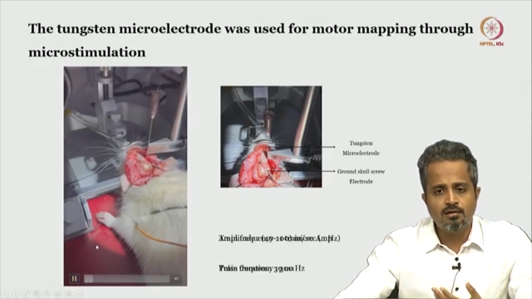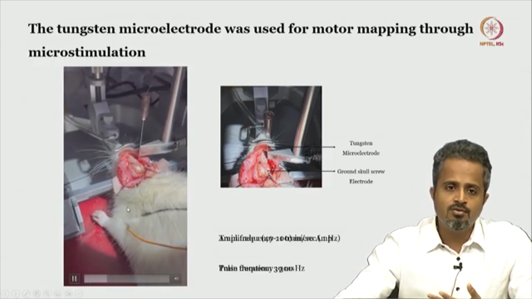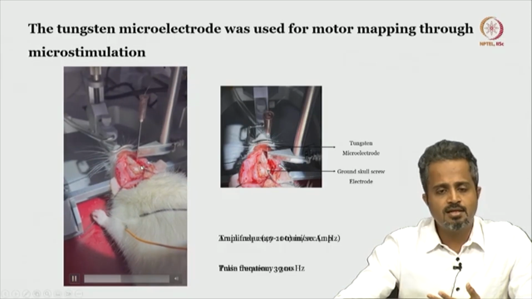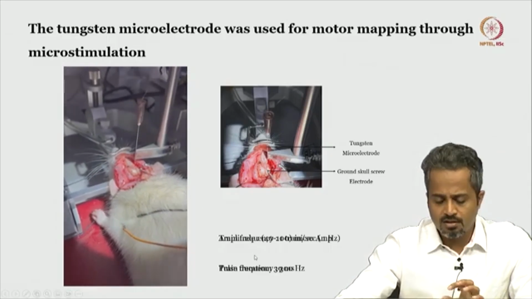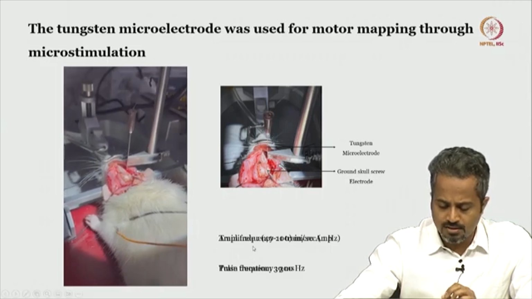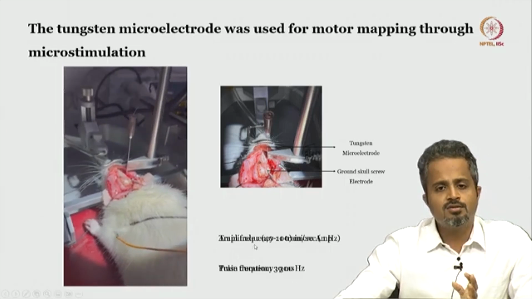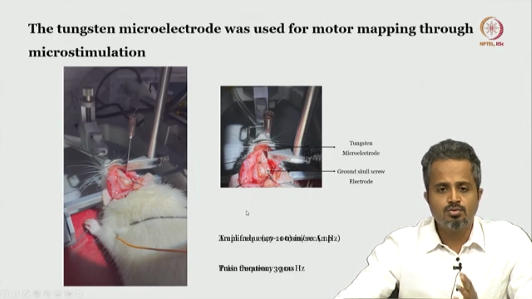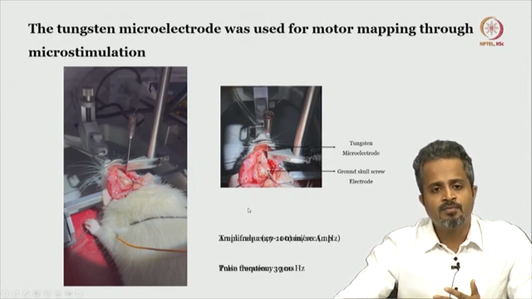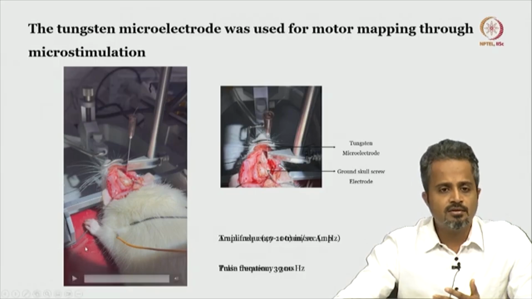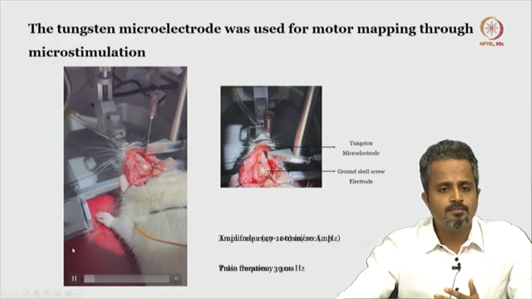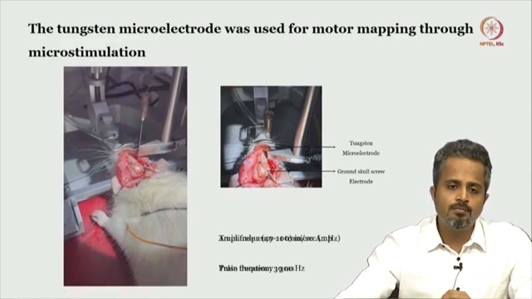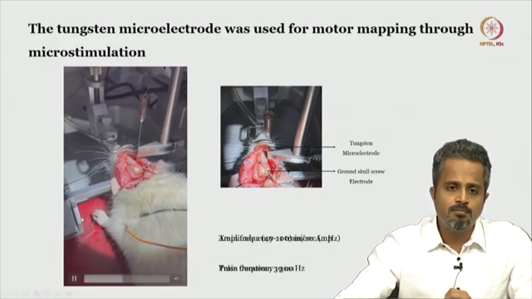Before you leave a final probe in, you implant the tungsten microelectrode. The parameters are a bit jumbled up here. We give a current of around 1 milliamp to 2 milliamps and vary the frequency, pulse width and all that, and see that you get an adequate response before you leave your permanent implant in place.